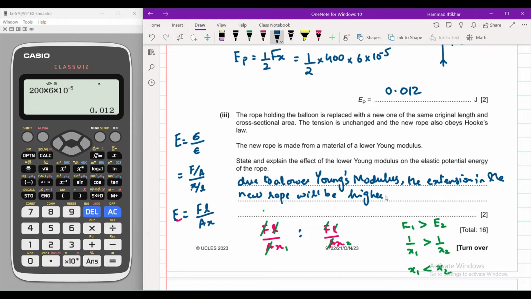And how does the extension help us? The extension is the half Fx.